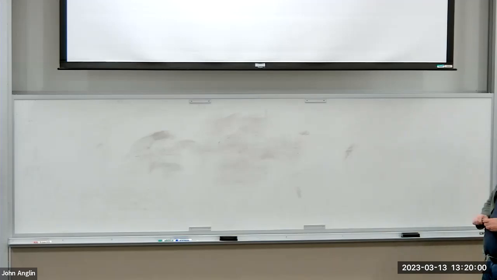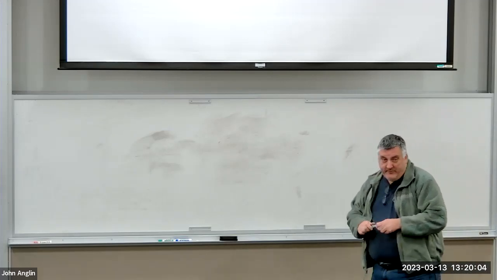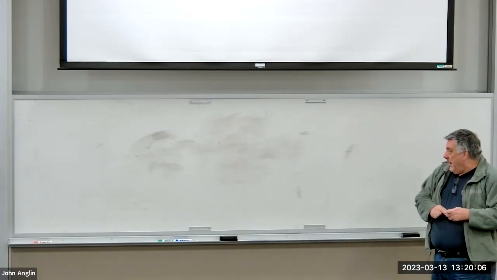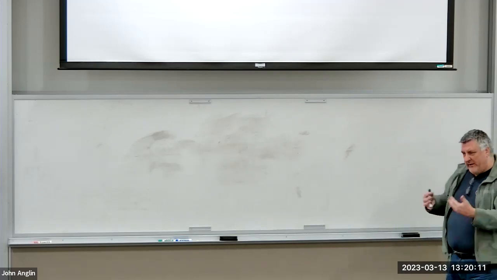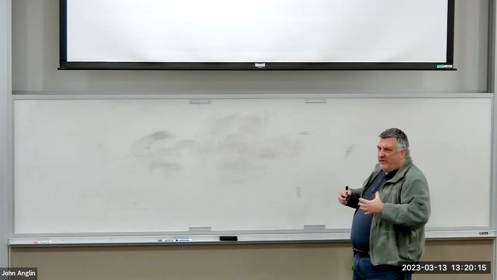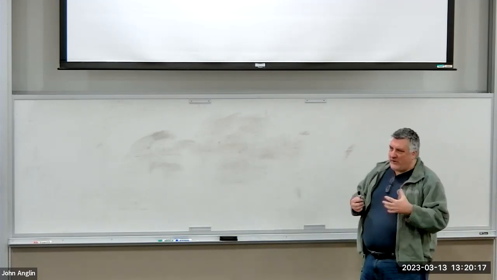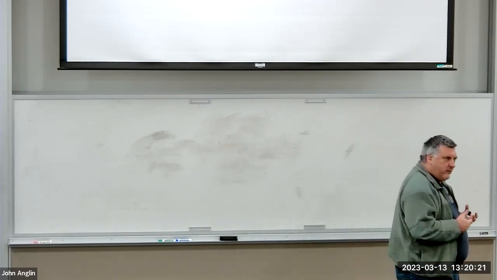Especially my upper division students, I punch them in the throat if they tell me it's F equals ma, because that's just far too simplistic. And we're starting to see the reason for that now, right? Because force means a lot of things. There's a lot of inherent meaning inside force.